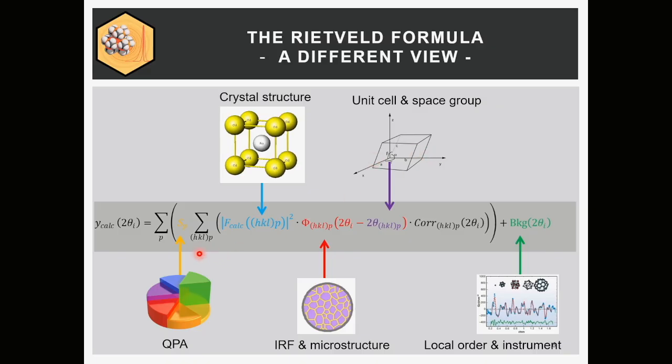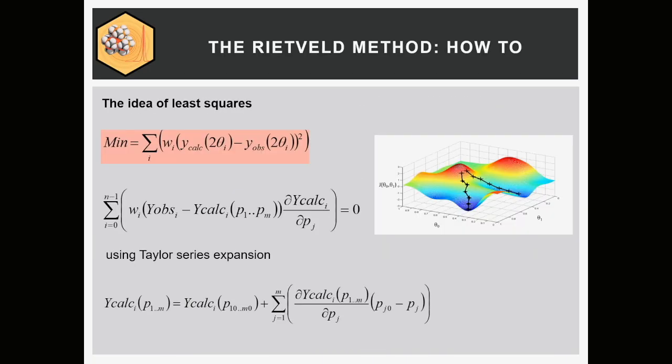The scale factor here is the quantitative phase analysis. The peak profile tells us a lot about the instrumental resolution function and the microstructure, if we do it right. And the background, if we want to do local order, and of course it comes from the instrument, but usually you forget about this. But now comes the tricky part. Now this actually sounds great. So, oh, easy.